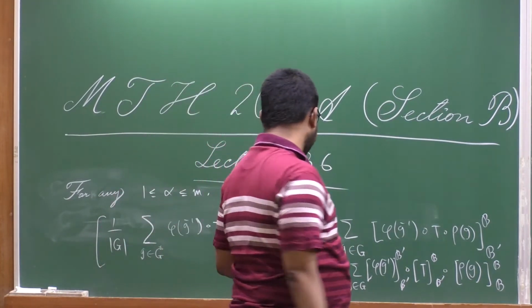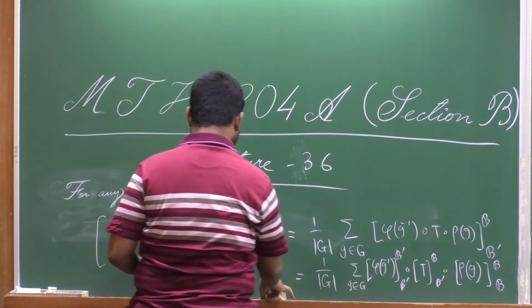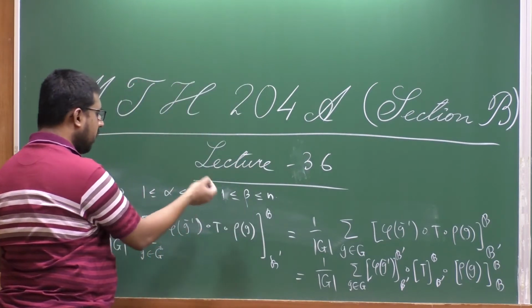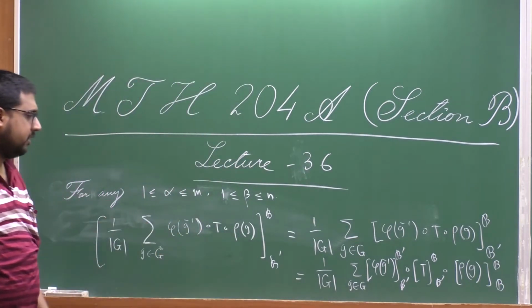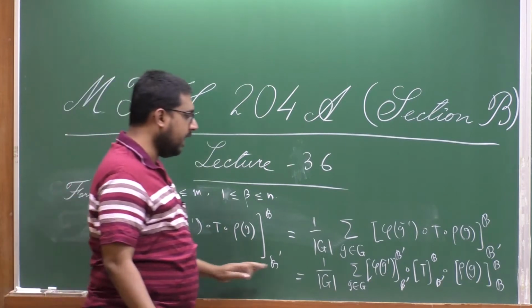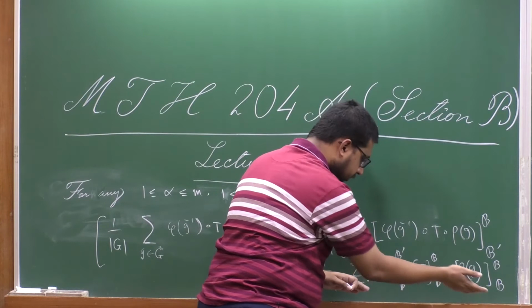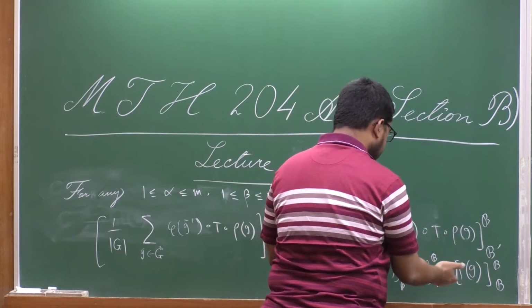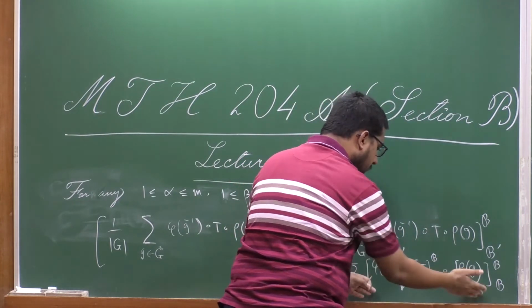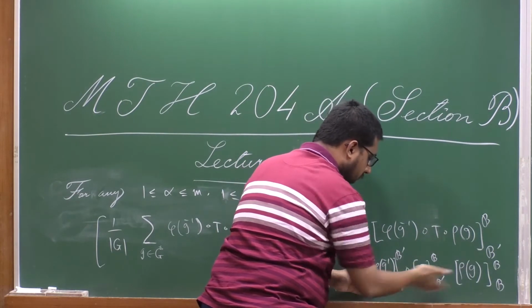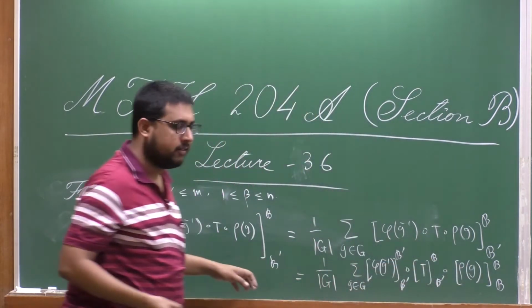So therefore the entry at the alpha comma beta position of the left hand side will be the sum of the entries at that position of all these summands, right.